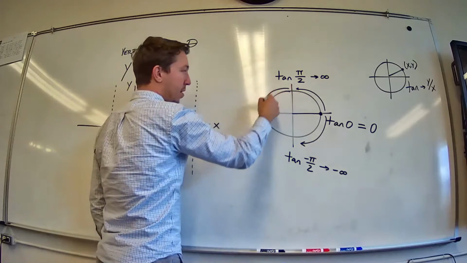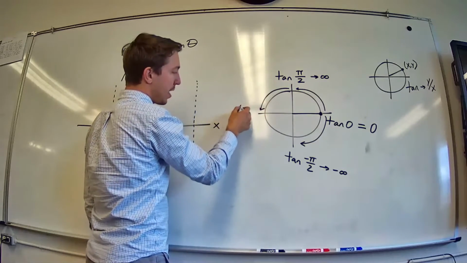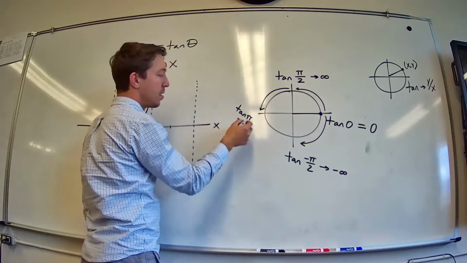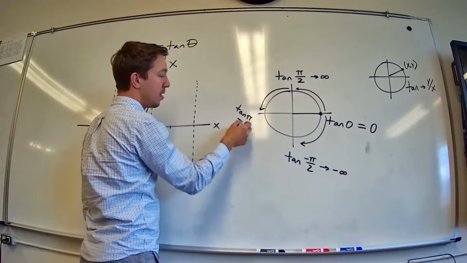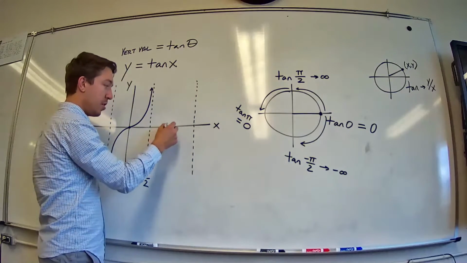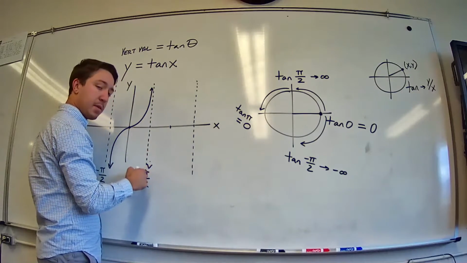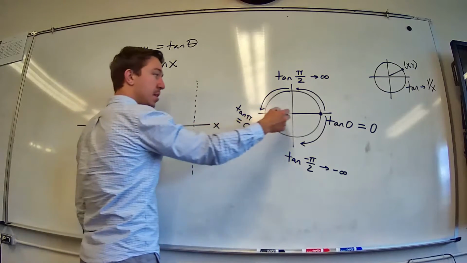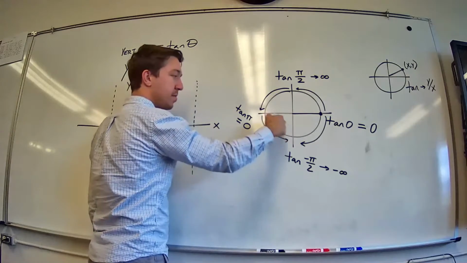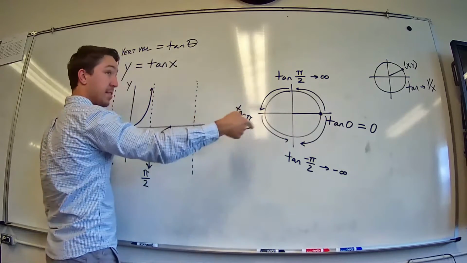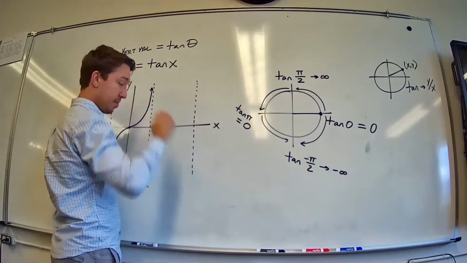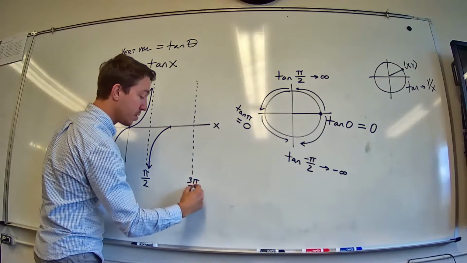And then as you travel around, what's the tangent of pi? Tangent of pi is 0. So you go from these big negative numbers, and you hit 0, and what kind of tangent values do you have in here? Positive, and they get really big as you approach 3 pi over 2.